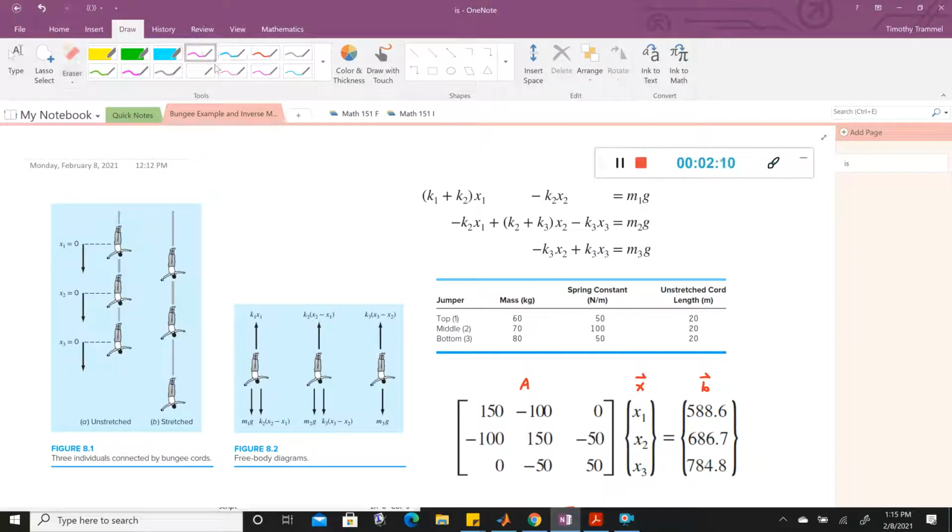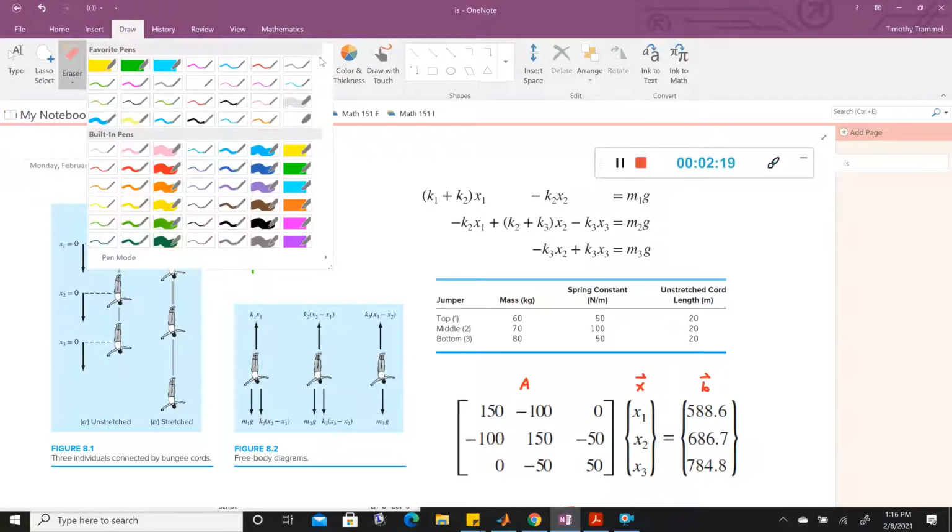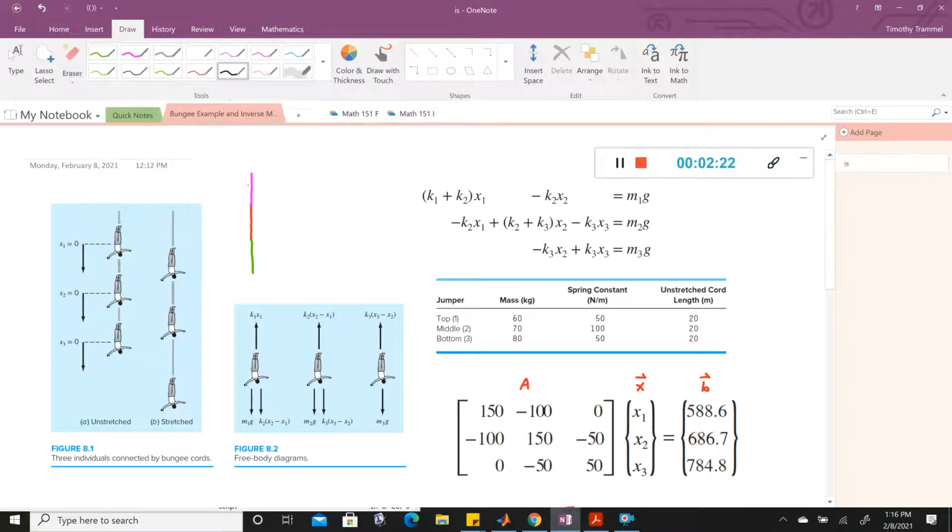Let me maybe try and sketch something like that in here. So yeah, if each one of these bungee jumpers were massless, then the displacement would just be 0 for all of these.